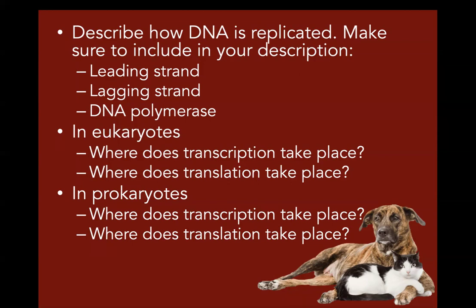So on the leading strand, the DNA polymerase adds stuff in order, but the other strand is kind of backwards, so DNA polymerase has to kind of fly in and stick the nucleotides in little pieces. Yeah, that's pretty good. It would be more helpful to have a picture, but that was very good for no picture.